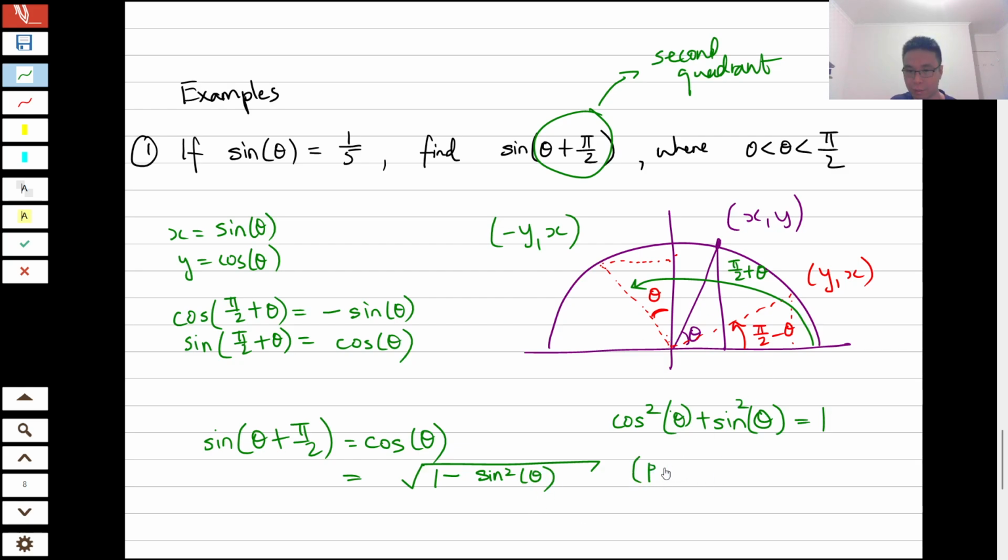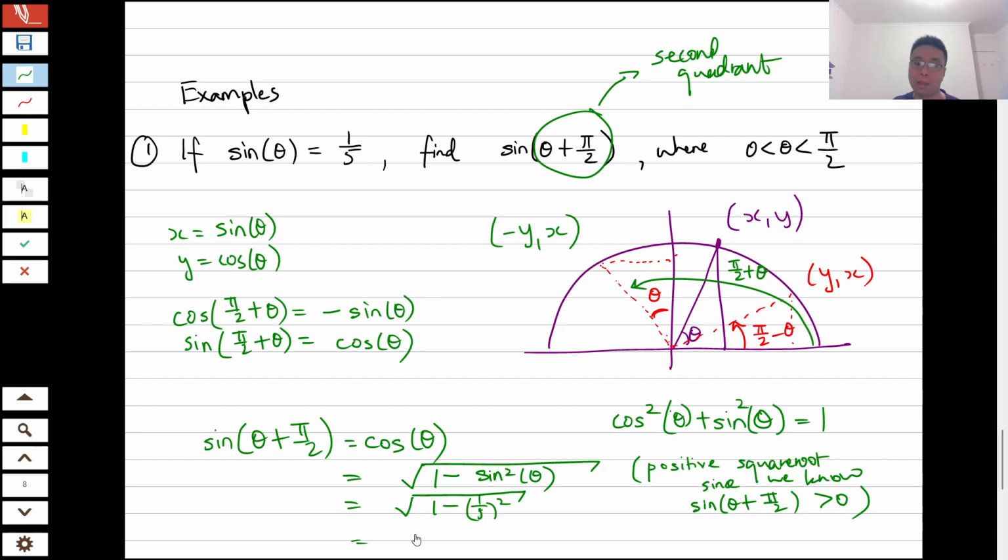Here, I'm taking the positive square root since I already know sine of theta plus pi on 2 is positive. And we know that sine theta is 1/5, so we can just say root 1 minus 1 on 5 all squared. So this is going to be root 24 on 5, which is 2 root 6 on 5. Okay, and there's our answer.